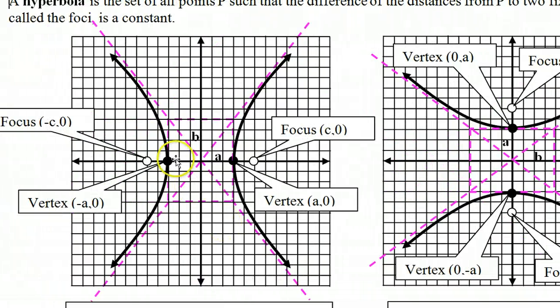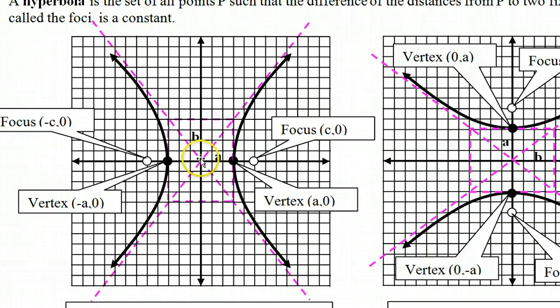These points here are the vertices. So this is a vertex and this is a vertex. The distance from the center to the vertex, we're going to call that A. And now you see this rectangle forming in here, and we'll talk about that more in a minute.